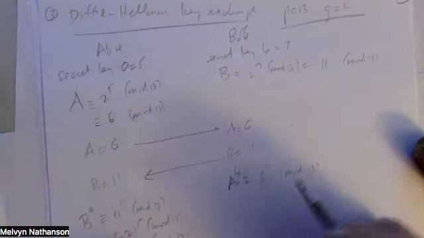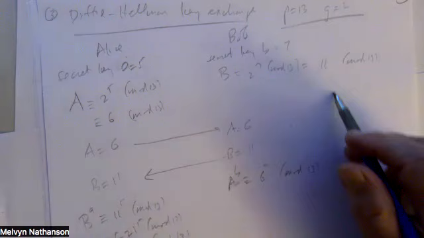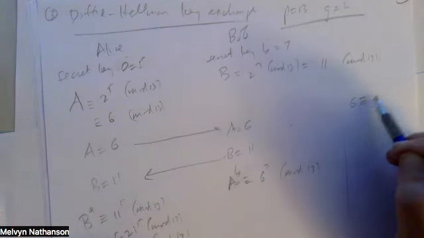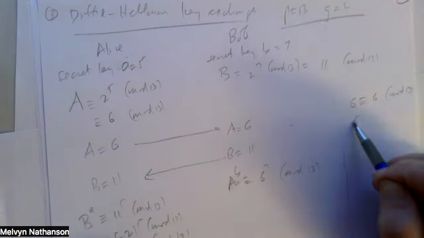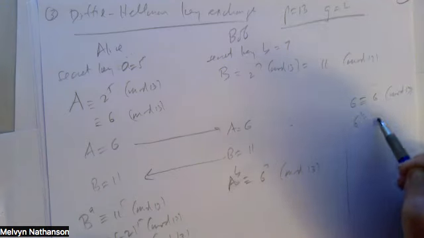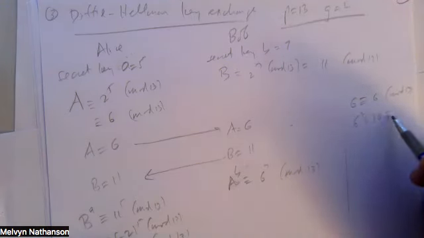Let's see, what is that? I guess we have to do a calculation. 6 is congruent to 6 mod 13. 6 squared is congruent to 36, which is the same as minus 3 mod 13, because 36 plus 3 is 39.